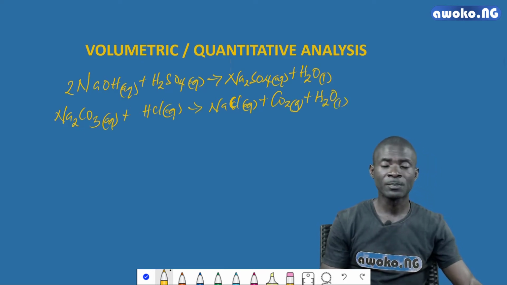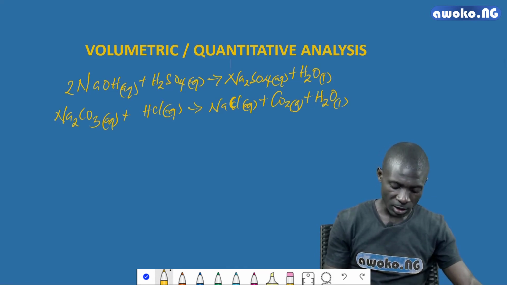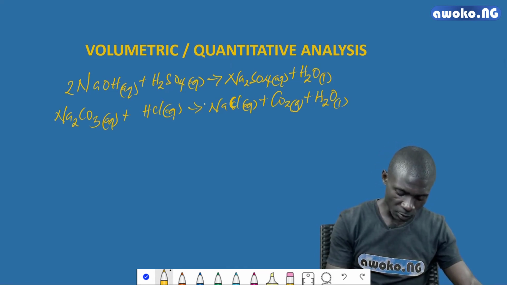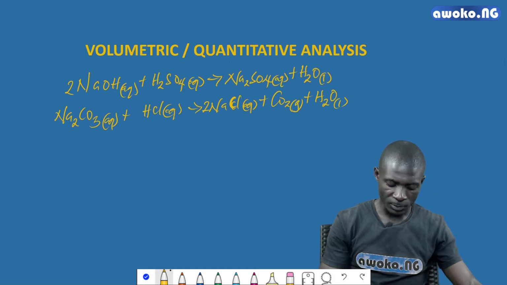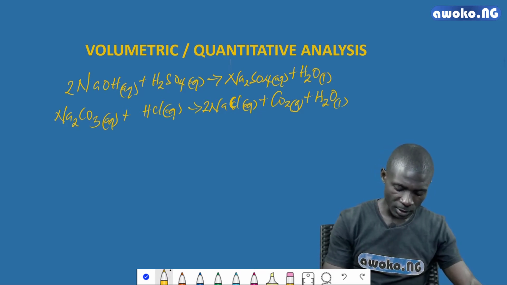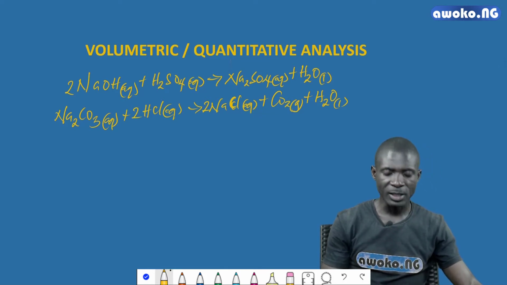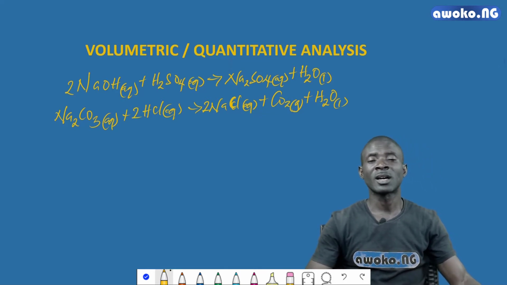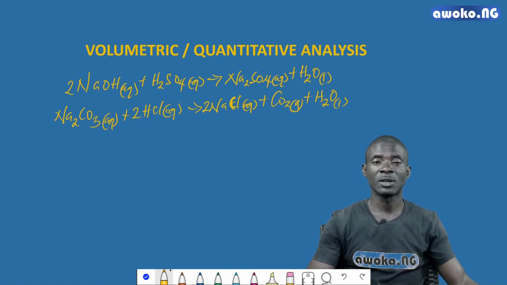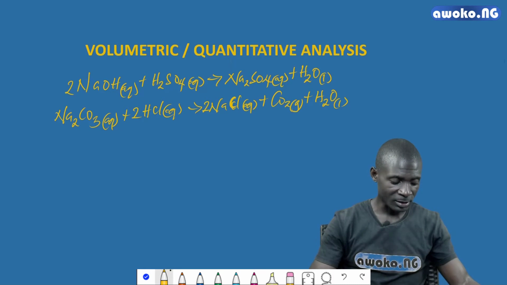So these can be the products of the neutralization reaction. Of course, by balancing the equation, we have 2 moles of sodium chloride here, then we have also 2 moles of HCl here. So these are two equations that represent a neutralization reaction involving an acid and a base to produce salt and water, while the second one produces salt, water, and carbon dioxide as the case may be.